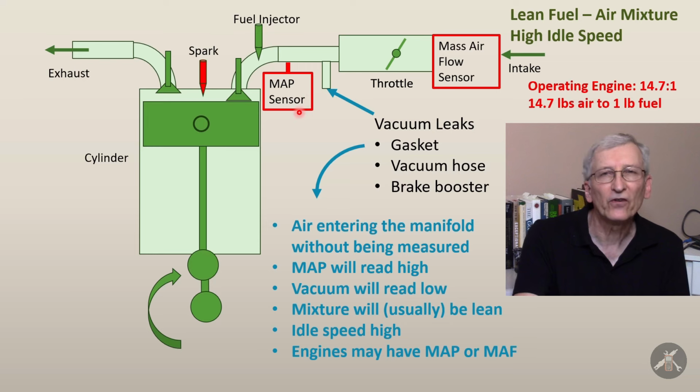They have a MAP sensor, and they measure the pressure in the intake manifold and try to calculate, it's a very sophisticated calculation. They try to measure how much air is coming in the intake by how much pressure there is, knowing how big the valves are, knowing how big the cylinders are, knowing how fast the engine is going, and then knowing what this pressure is, they can estimate the airflow pretty close.